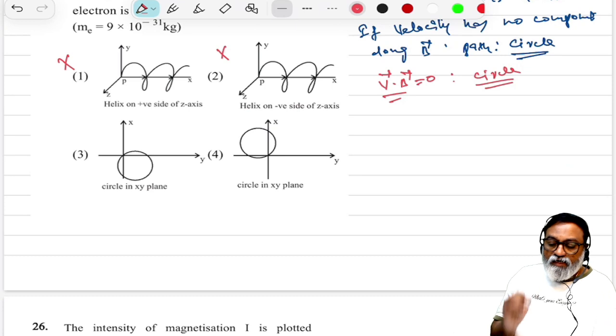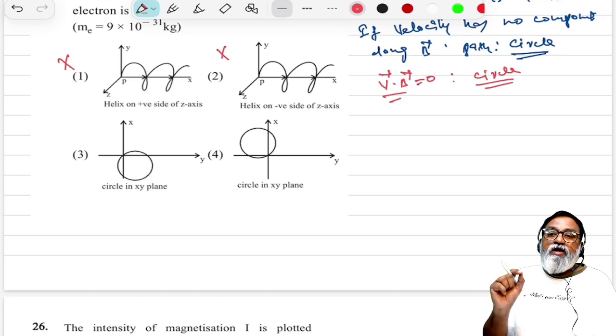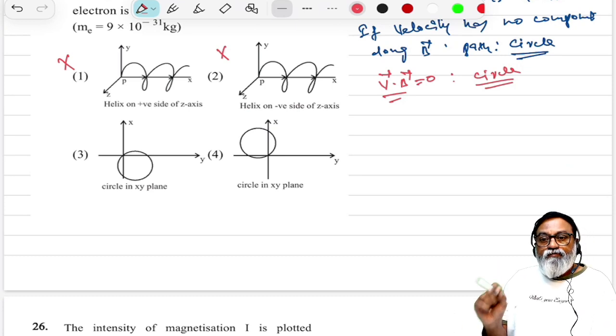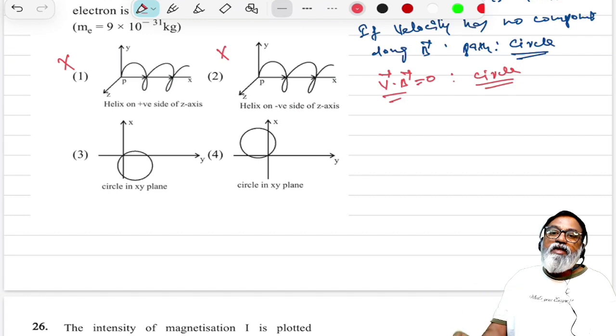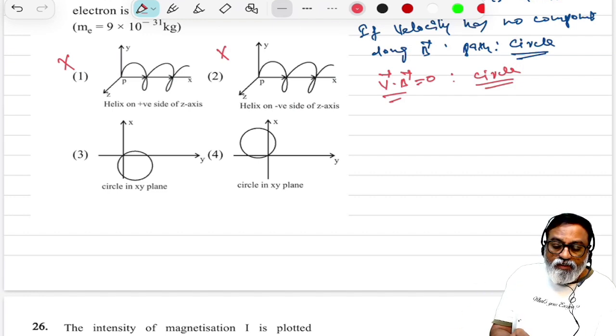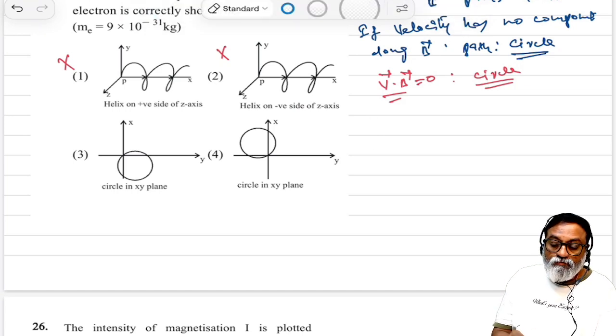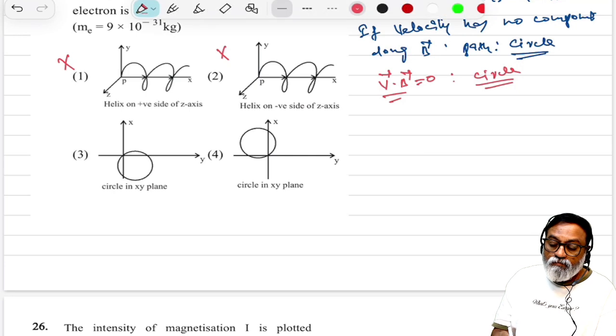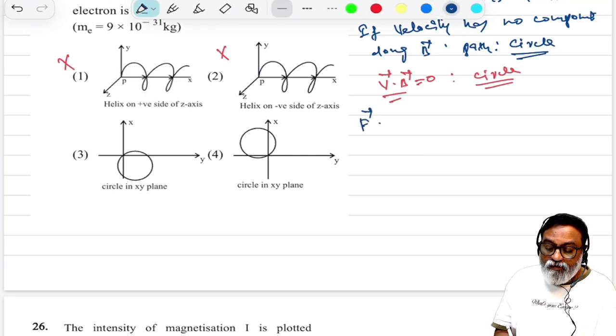For that, the path can be decided by the force vector and also the velocity vector. See here, force F bar is equal to q into v bar cross b bar.